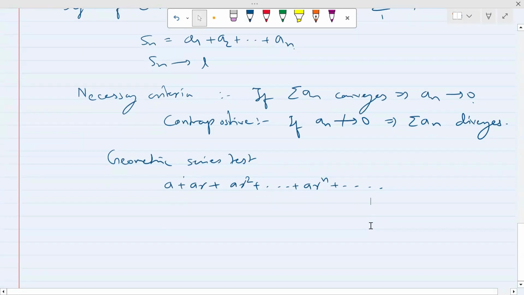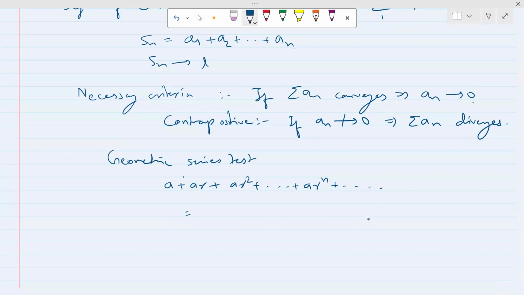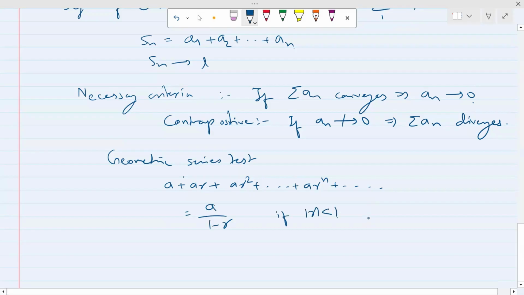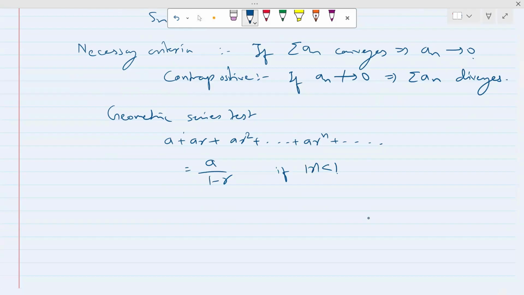Such a series is called a geometric series with the first term a and the common ratio r. We know that this converges to a upon 1 minus r if the absolute value of r is less than 1. Very good.